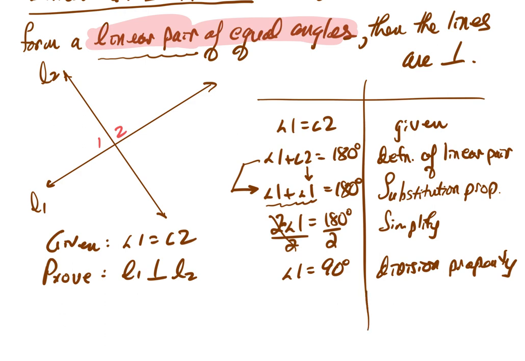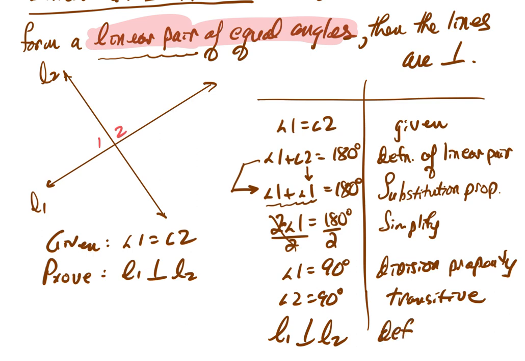And now since we found that one of the angles is 90 degrees, of course, since angle 1 and angle 2 are equal, that also means angle 2 is equal to 90 degrees. But when the angles formed by two intersecting lines is 90 degrees, that means that the two lines then are perpendicular, using the definition of perpendicular.